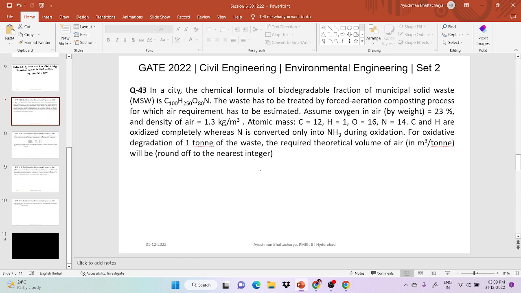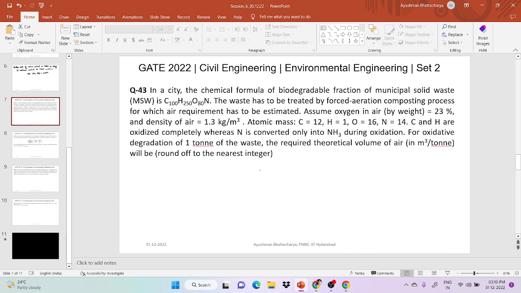In this question they are saying that in a city the chemical formula of the biodegradable fraction of municipal solid waste is C100 H250 O80 N. The waste has to be treated by a forced aeration composting process, for which the air requirement has to be estimated.